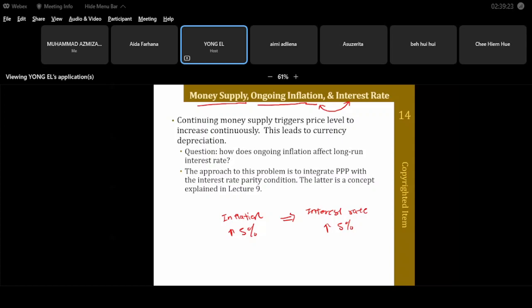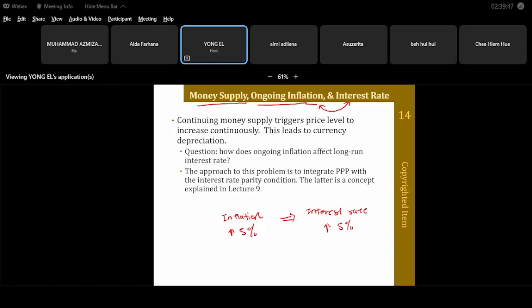Because interest rate is the money we earn by depositing our money. Inflation rate is the impact that will reduce our purchasing power. The increase in a 5% inflation rate that reduces our purchasing power should be compensated by a higher interest rate in the bank account.